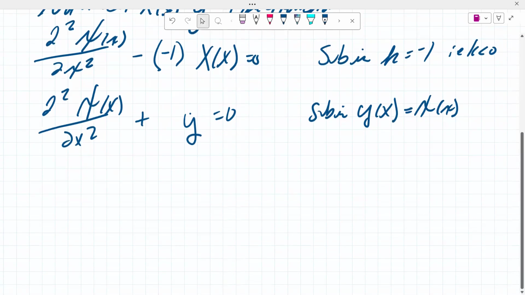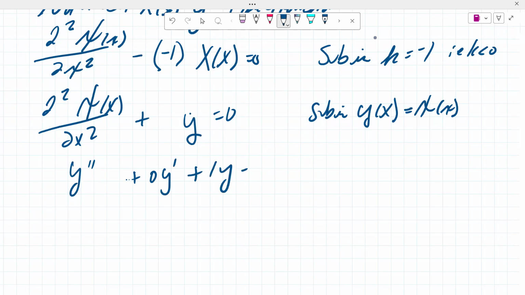And now we're going to note, just like we usually do, this is y double prime plus 0y prime plus 1y equals 0. So we see we have a second order linear homogeneous differential equation.